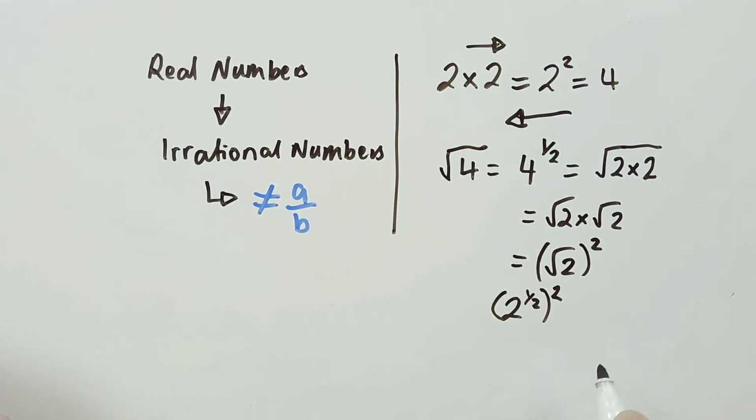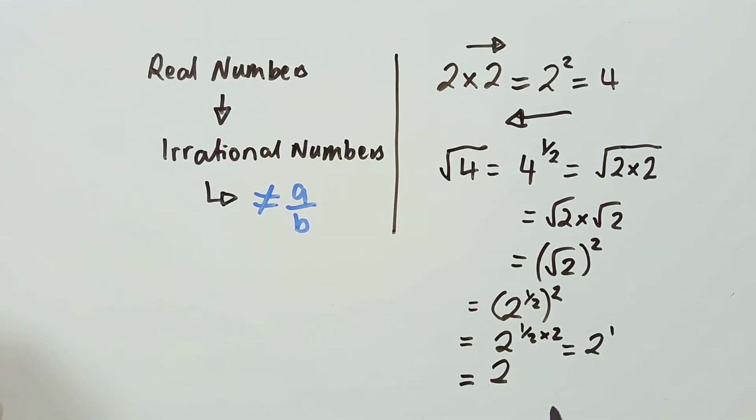Then using our index laws, which we've also covered in a previous video, this comes out as 2 to the power of a half times 2, and a half times 2 is just 1, and 2 to the power of 1 is of course 2.